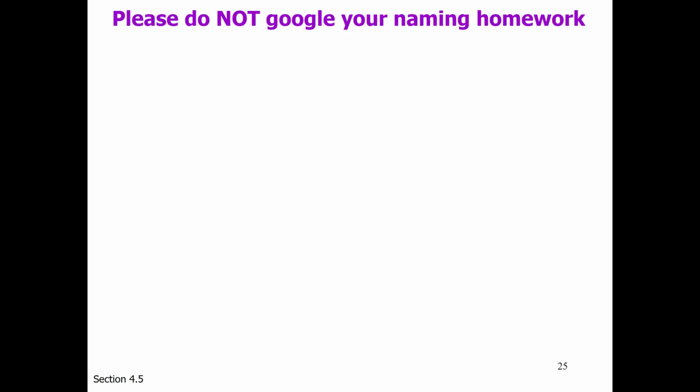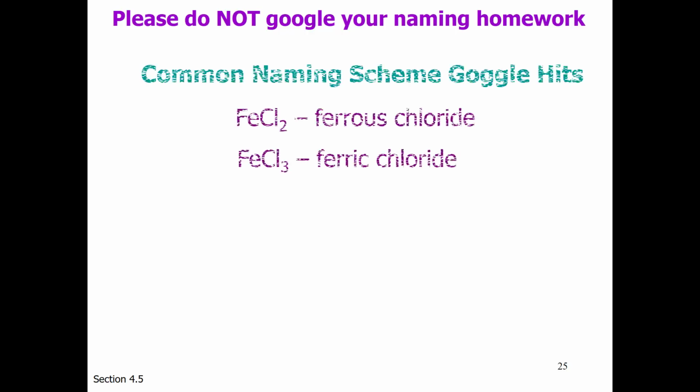Now, if you do Google your naming homework, you're going to come across an older tradition of naming. There was a time when poor chemistry students had to memorize the high and low oxidation states of the transition metals. For example, if we dealt with iron, which has a +2 oxidation state, it would have an ous ending and be ferrous chloride.